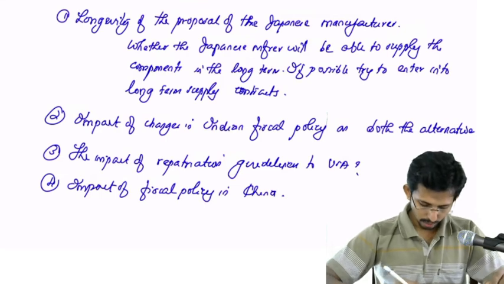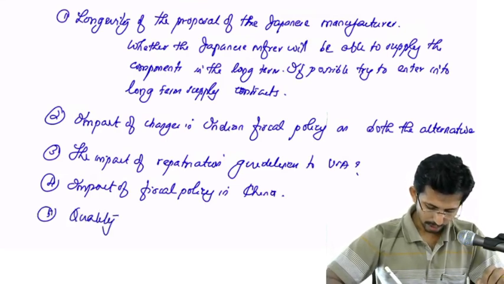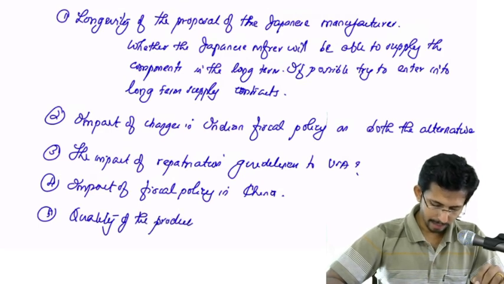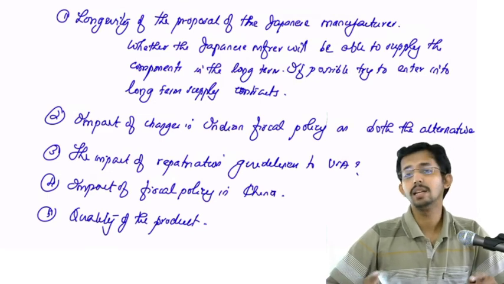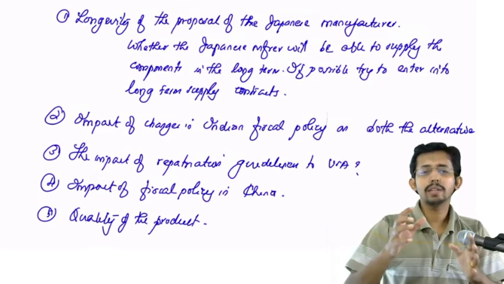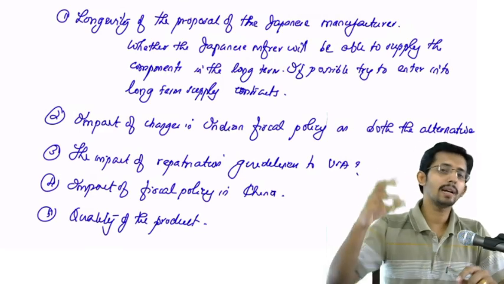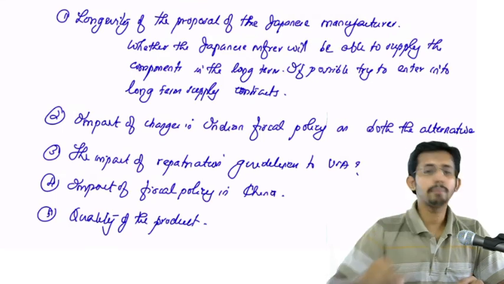Okay, now another aspect is quality of the product. See, when you are getting this product from the Chinese subsidiary, you can be somewhat sure that you will get the required quality, because it is supplied by a Chinese subsidiary, which is a section of your company itself.